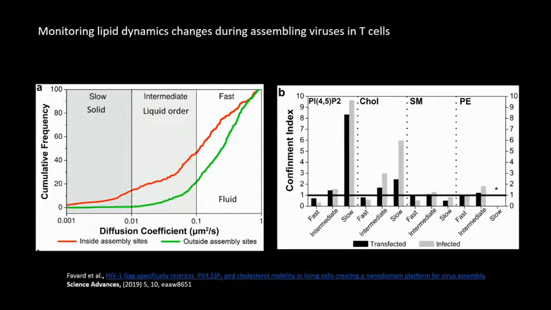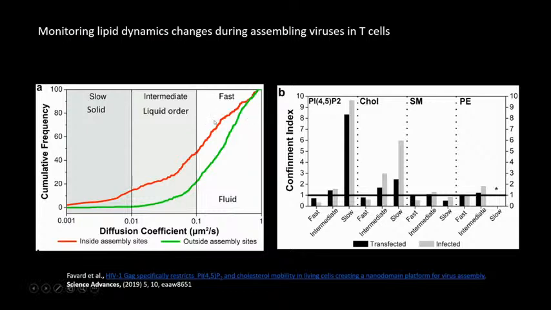Some exhibit very slow diffusion coefficients, lying between 10 to the minus 3 and 10 to the minus 2 micrometers squared per second, that could be considered almost solid, which means they belong to strongly trapped molecules in the assembly. Or you have an intermediate state, or you have a fast state, which is more related to non-trapped molecules in the assembly.